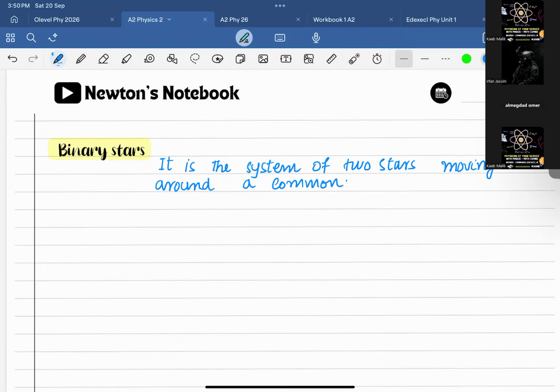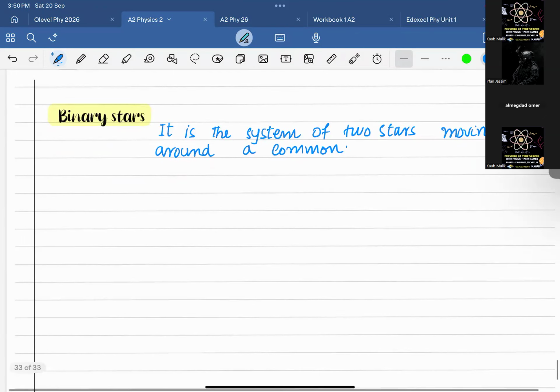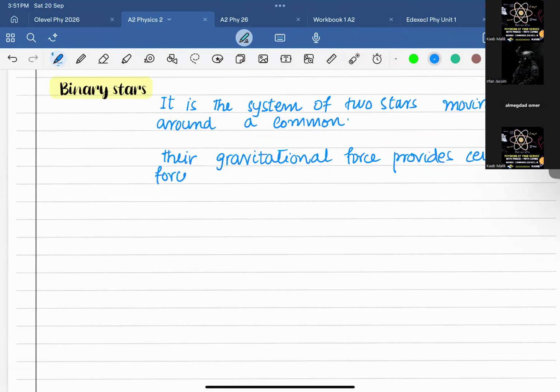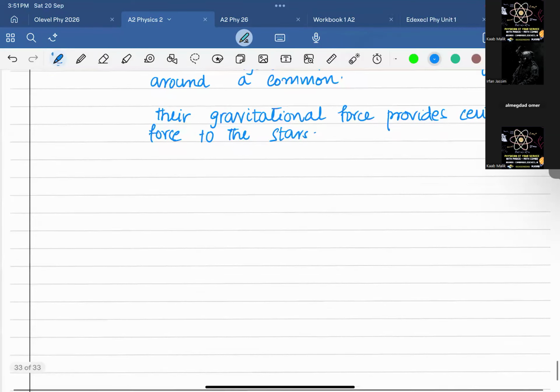And the second point is their gravitational force provides the centripetal force to the stars.